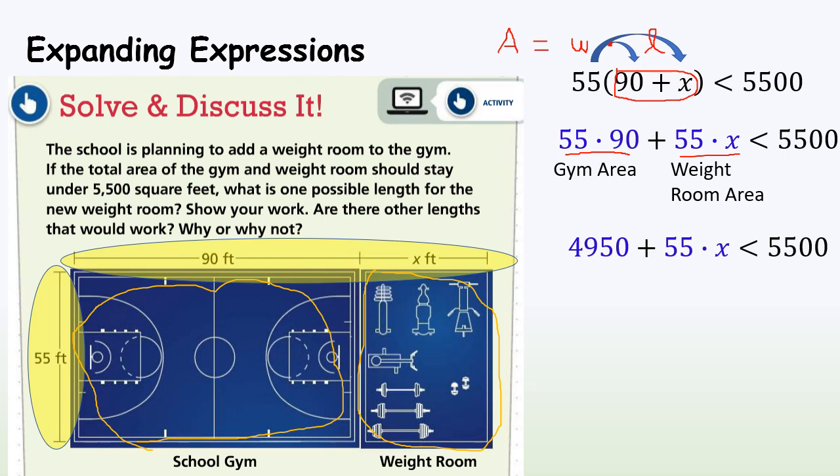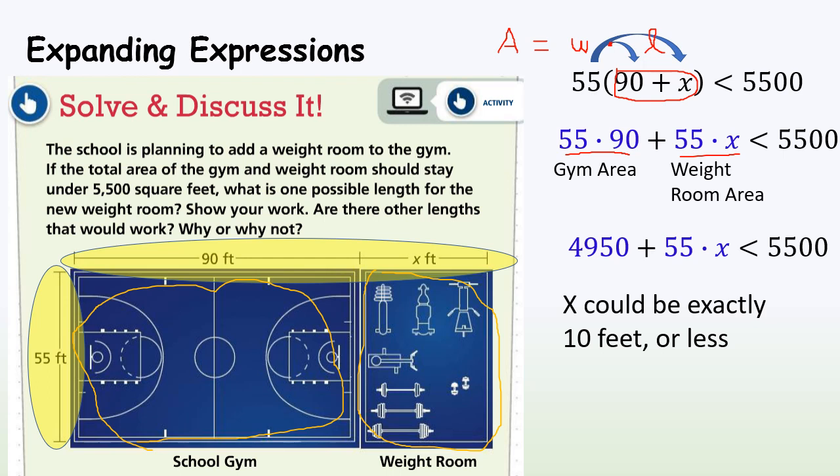If we continue to solve the problem, we could simply find the gym area, right? 55 times 90, that's 4,950. So whatever x is, x times 55 when added to 4,950 would need to be less than the 5,500 we're told. If you work this out, which we're not really solving equations, x could be 10 feet.